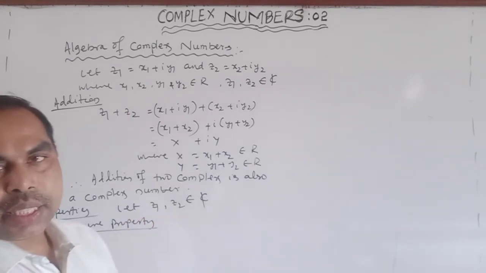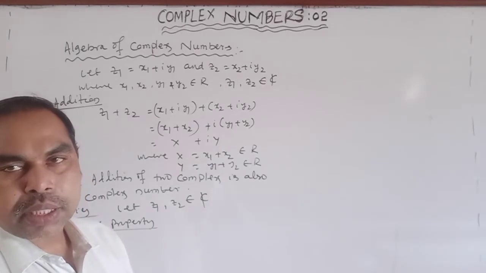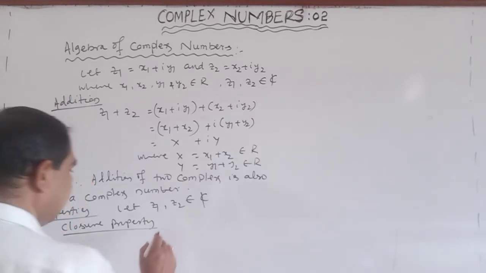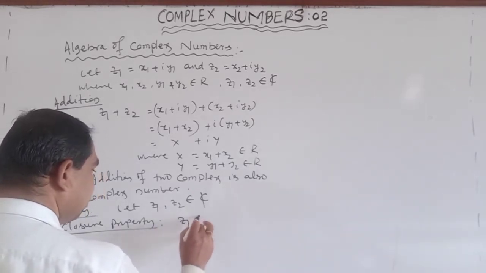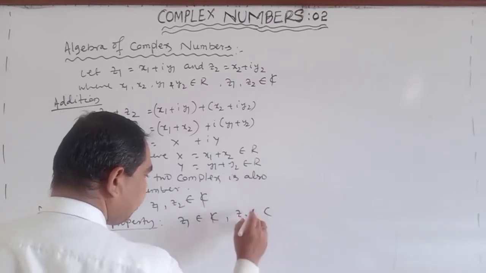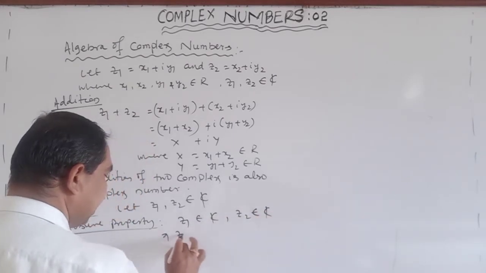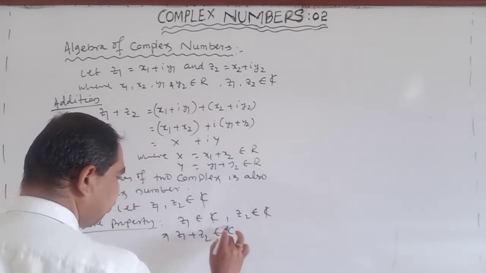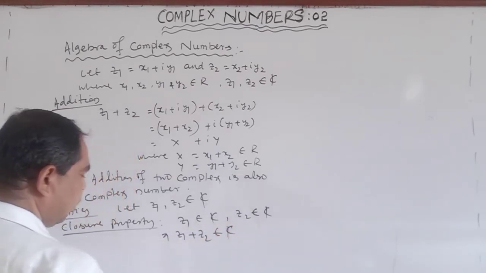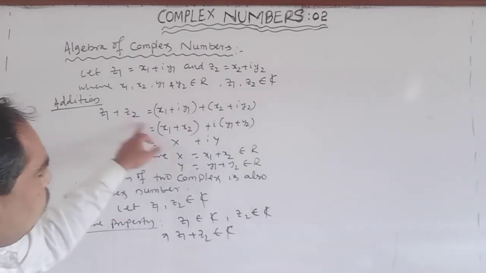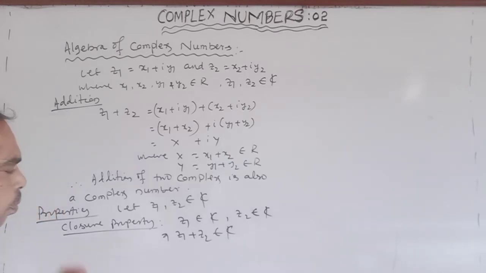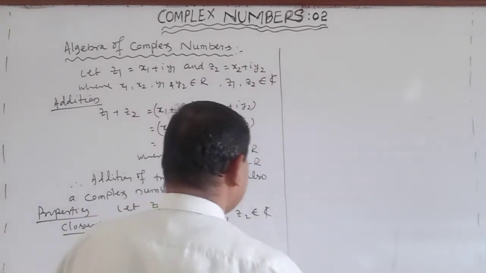Since z1 and z2 both belong to set of complex number C, their sum also belongs to set of complex number C. z1 belongs to C, z2 belongs to C, so this implies z1 plus z2 belongs to C. So satisfied closure property.